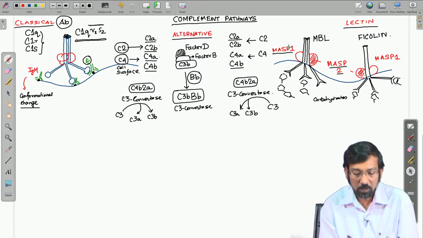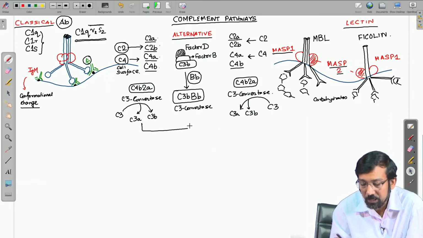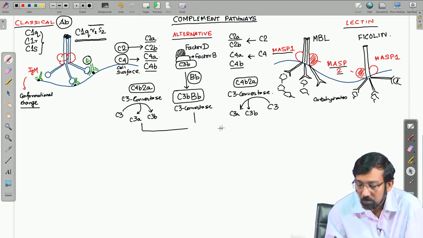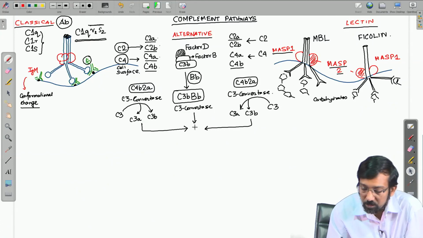Now, if we try to see how these three pathways converge at a single point, they all try to break down the C3.